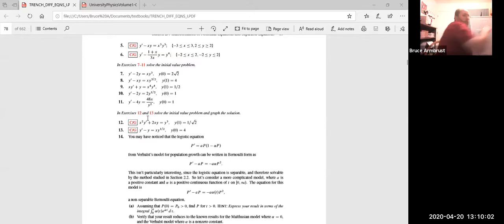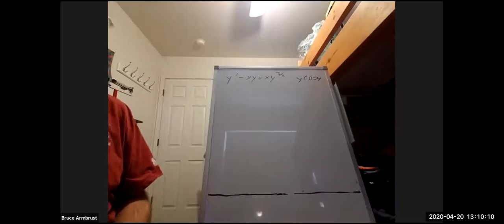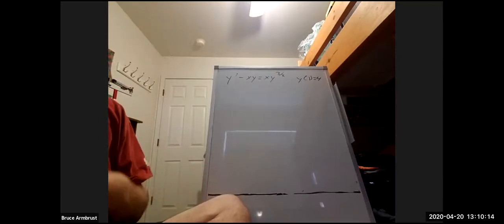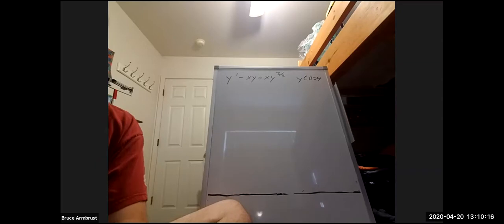All right, so I'm going to stop sharing. So to the board. So we've got y prime minus xy equals xy to the 3 halves. All right, so what do we want to do first?